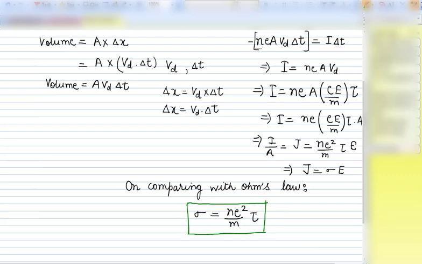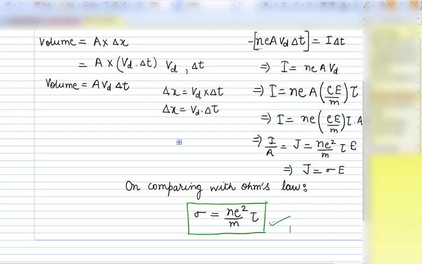Here n is the number of electrons per unit volume, e is the charge on electron, m is the mass of electron, and tau is the relaxation time, that is the time between two successive collisions. So this is again a very important formula. If you go to the numericals, in any of your competitive exams, even for IIT JEE or NEET, you will definitely have numericals based on drift velocity or on conductivity.